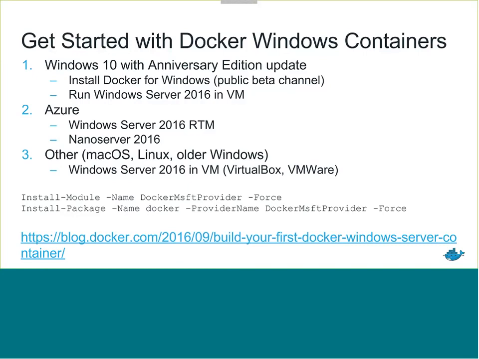Once you have Windows Server 2016, the install of Docker Engine is very simple. It's two PowerShell commands. You install a module and then a package that sets up the Docker Engine. If you want slightly more elaborate instructions, I wrote a blog post a couple of weeks ago, and the link is here.